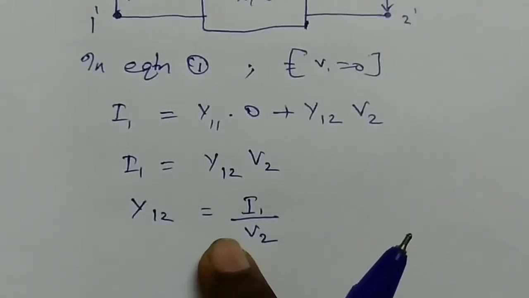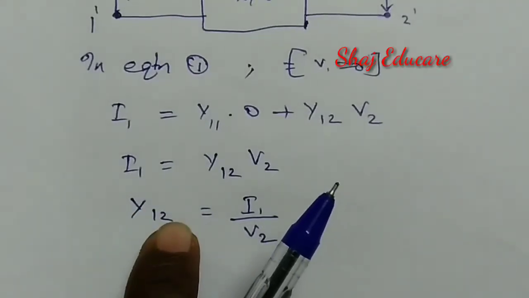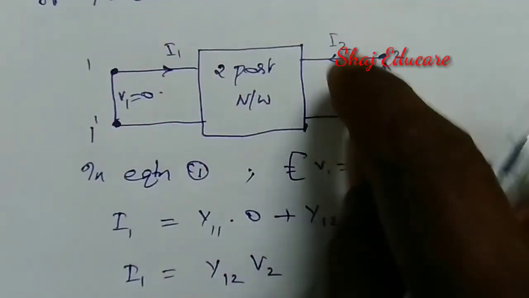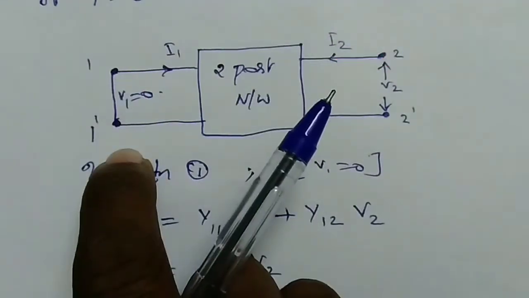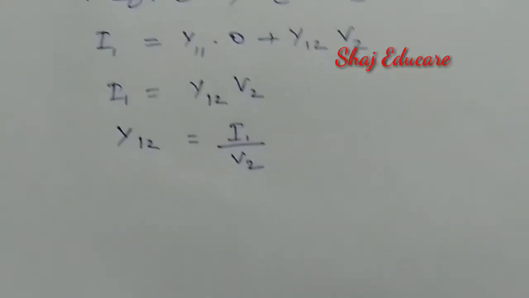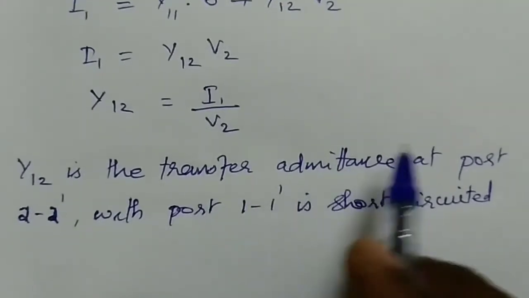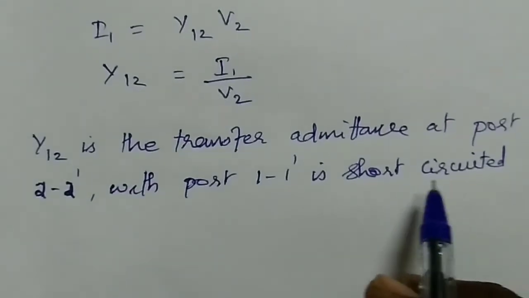So now let us define y12. It is the transfer admittance at port 2 dash with port 1 dash short circuited.